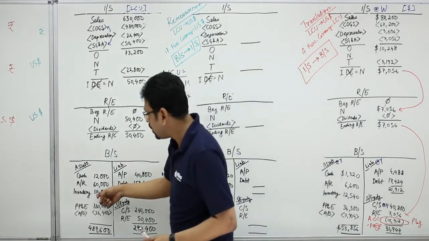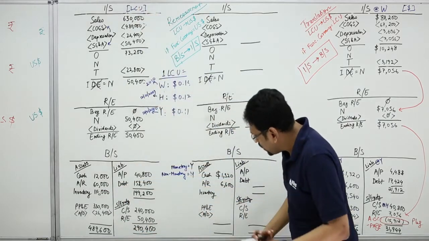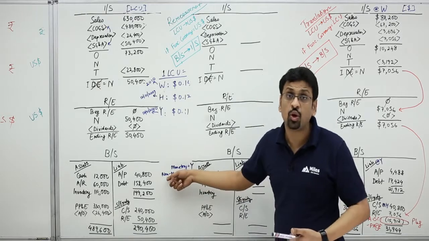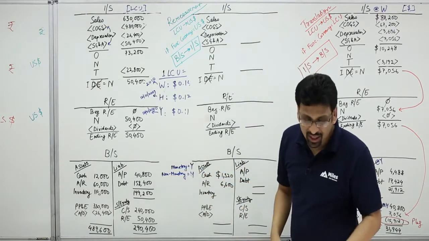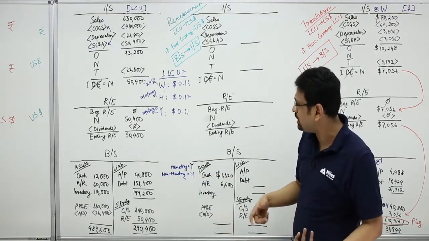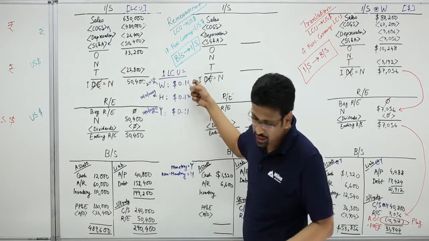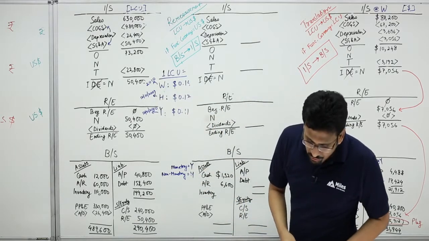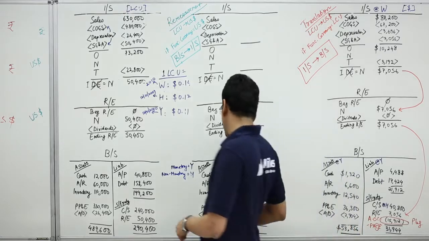Inventory, 114,000 local currency units. Now inventory is a non-monetary asset, so we've got to use the historical rate. But it says inventory had been purchased during the year, so we'll use the weighted average rate, 14 cents. That gives us 15,960 for inventory.